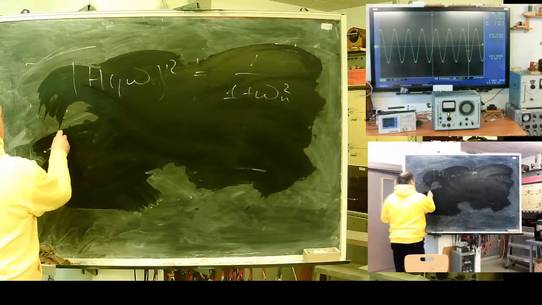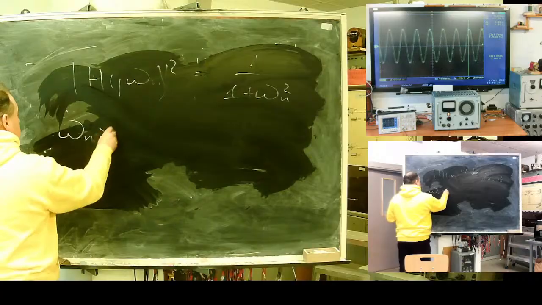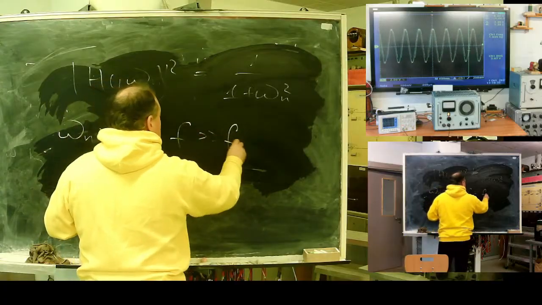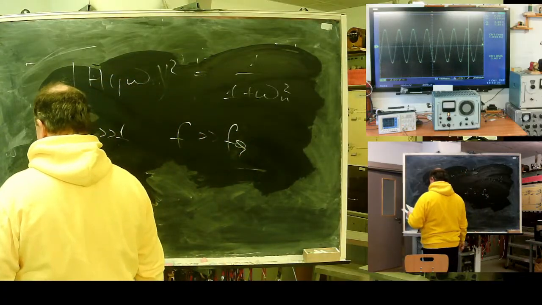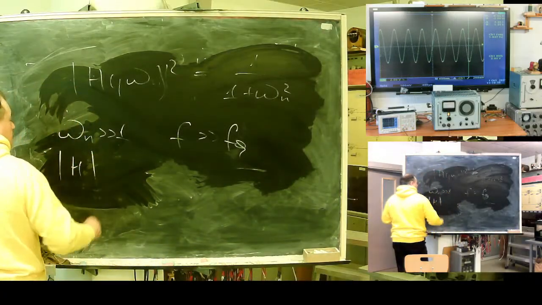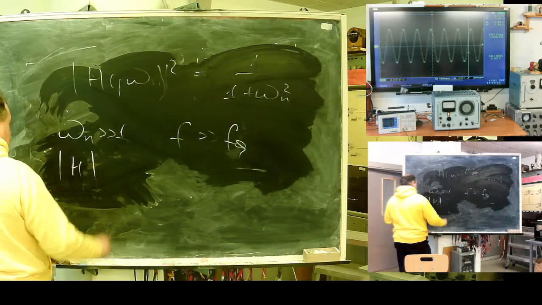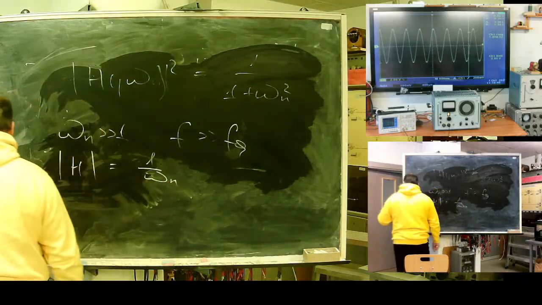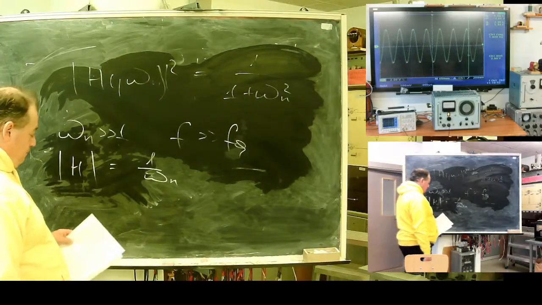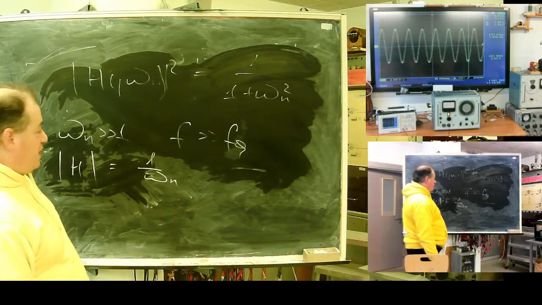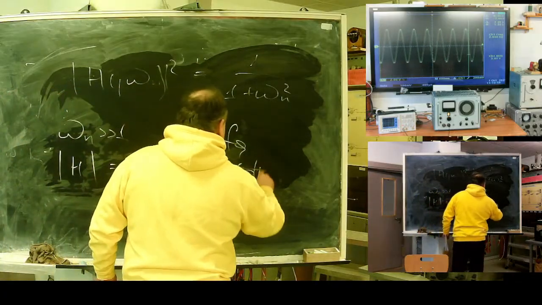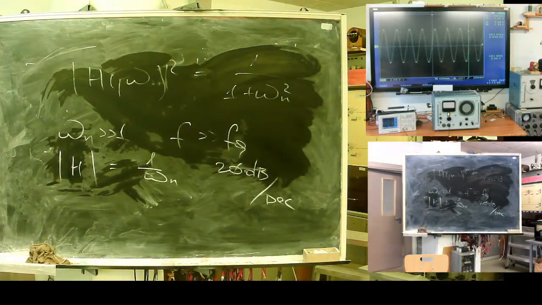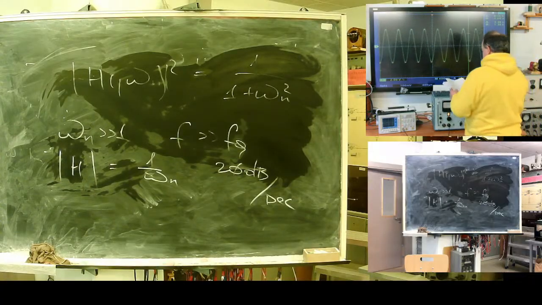So if your normal frequency is greater than 1, meaning f is above the knee point, your transfer function will become 1 divided by frequency, so it will drop down 6 decibel per octave or 20 decibel per decade. So if frequency increases 10 times, output will also drop 10 times.